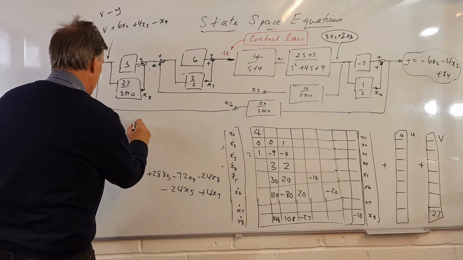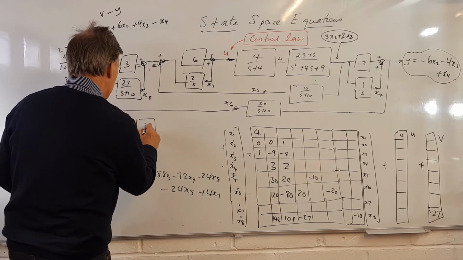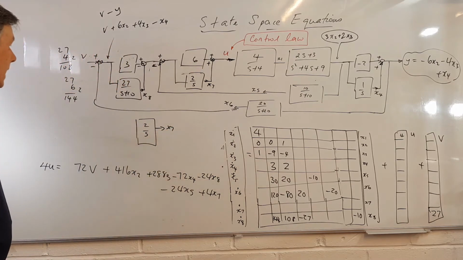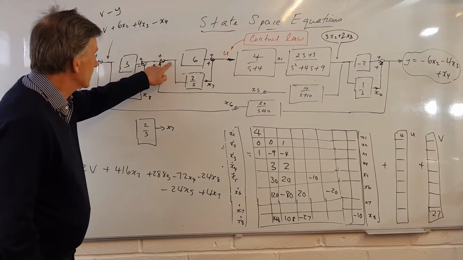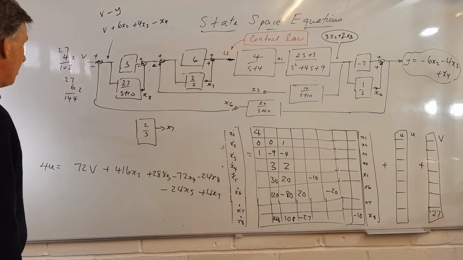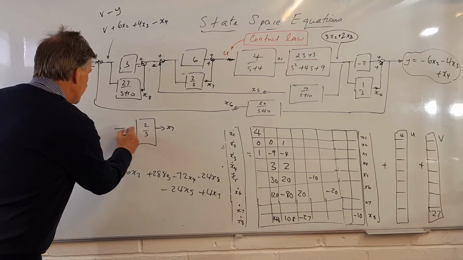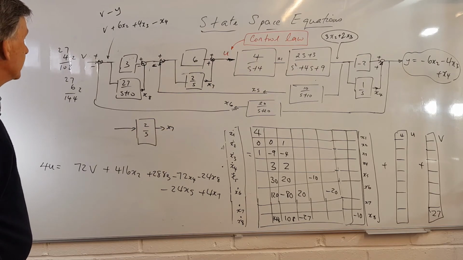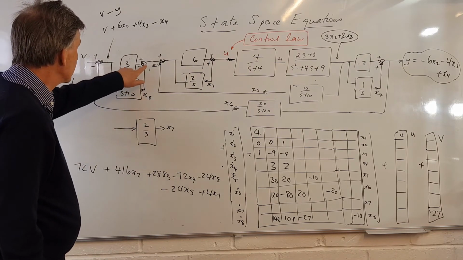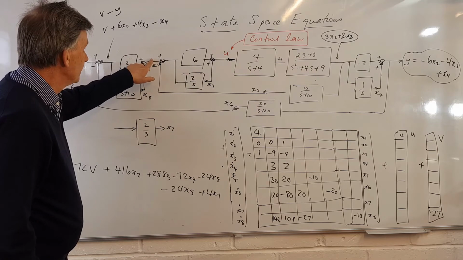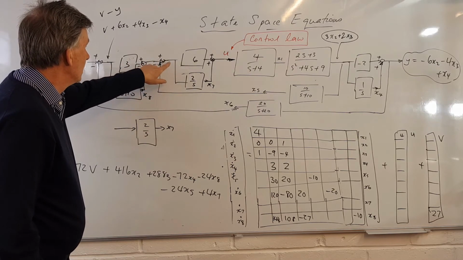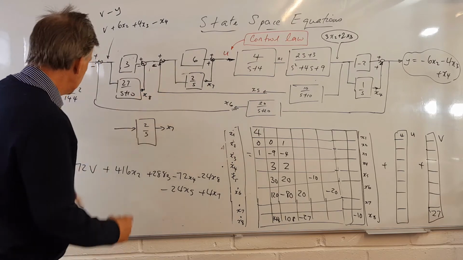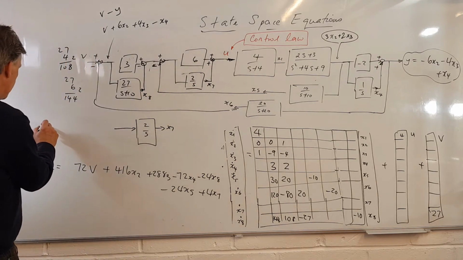So we've got a little box, 2 over s, x7 coming out, and into it now we've got this term here. So this term is a little bit more complicated, so I have to go back to this one. It's going to be this part here, which is going to be x8.